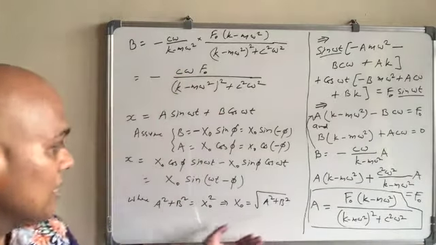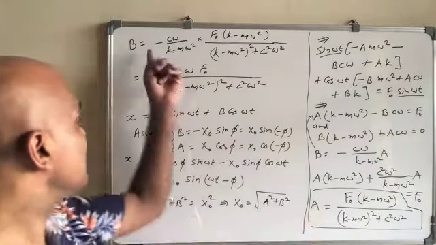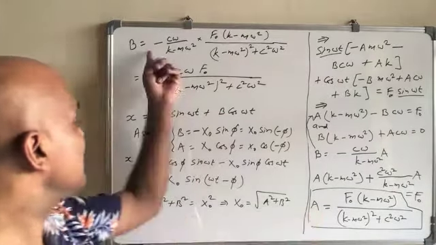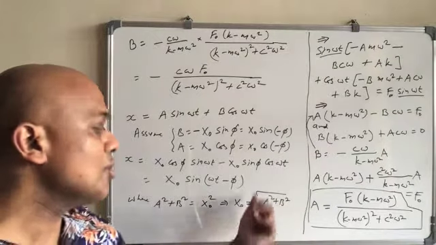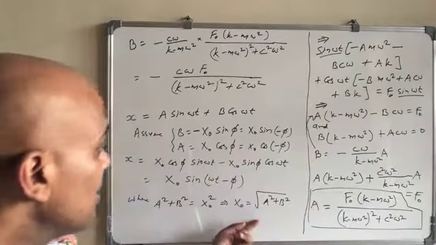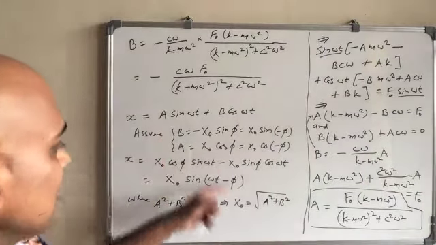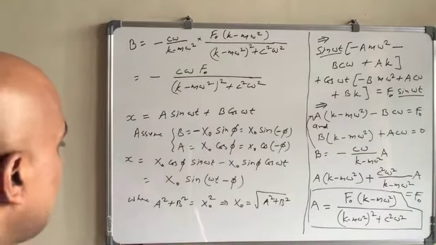Whatever we get for a and b, we take the square root of a square plus b square, and we get x naught.